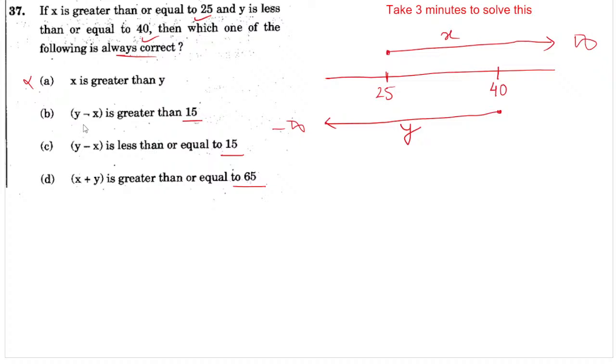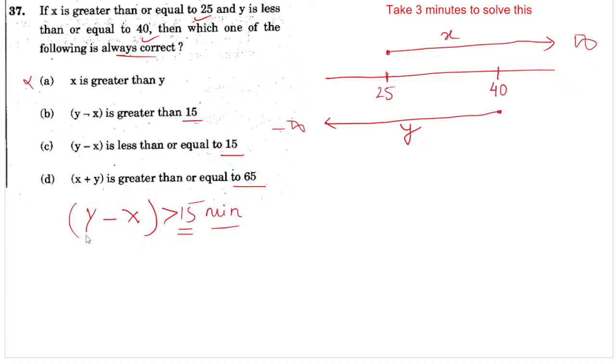And then there is this expression: y minus x is greater than 15. That means 15 should be the minimum value, the least value that y minus x can attain.